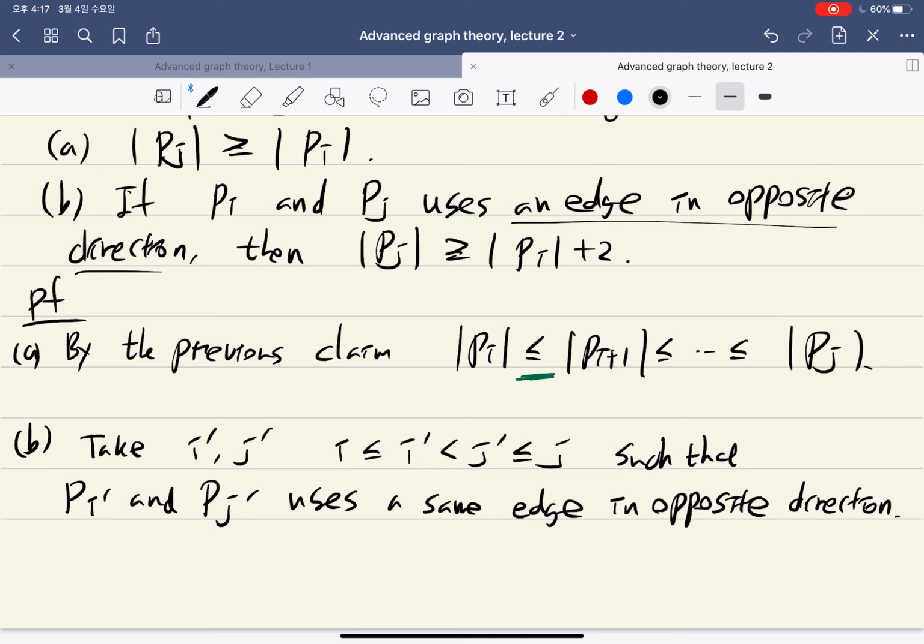And among the choices, j prime minus i prime is minimal.